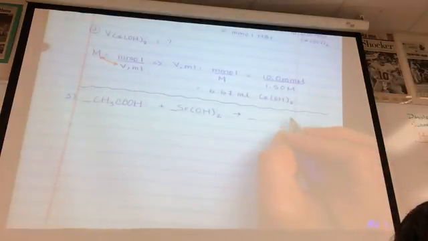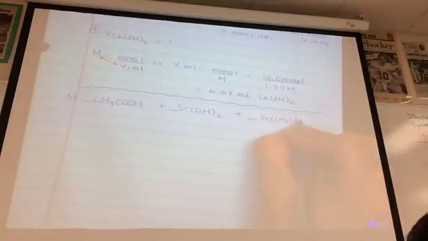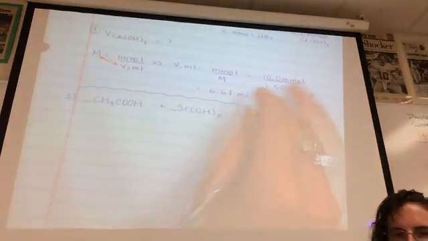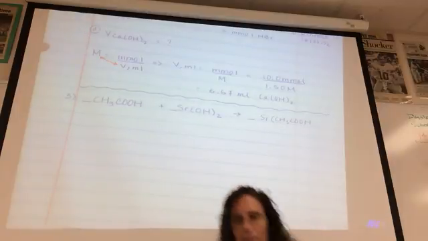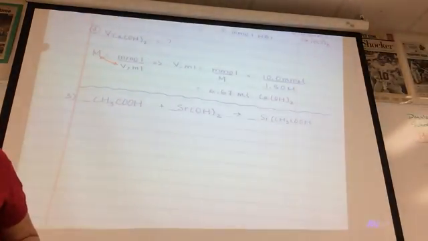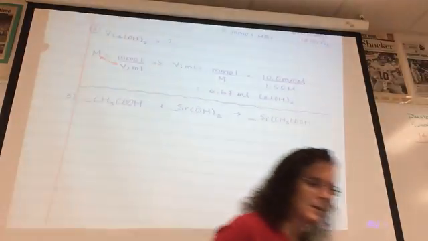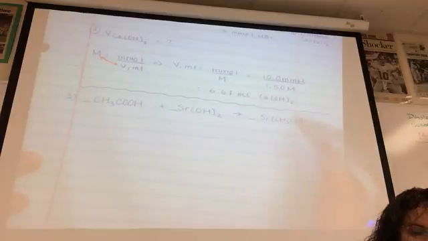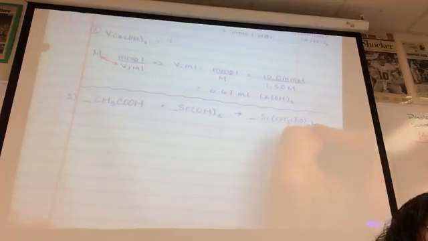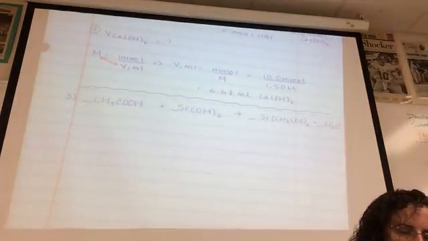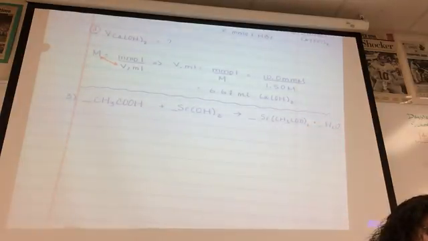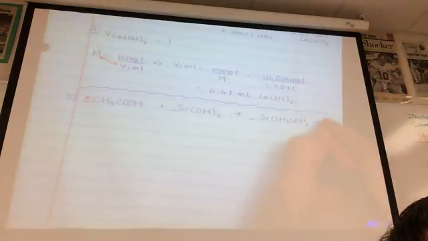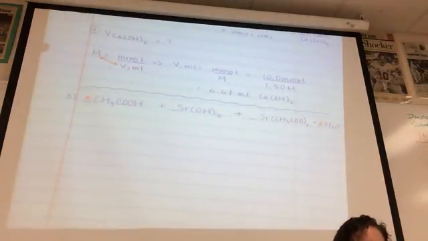I wouldn't give this on a test, but you get strontium acetate. Oops, no H there. I can't believe I just did that. That's so silly. I just kept writing. The pen got away from me. Gotcha. Strontium acetate and water. All right, that's your equation.